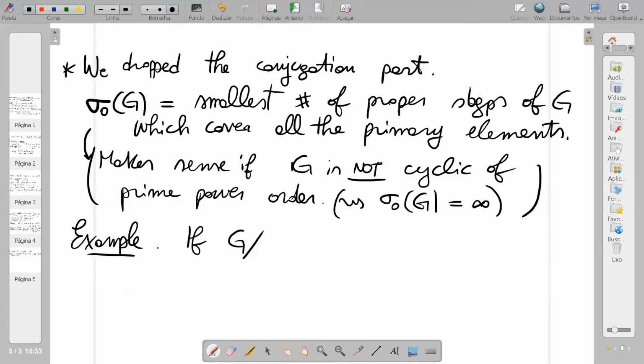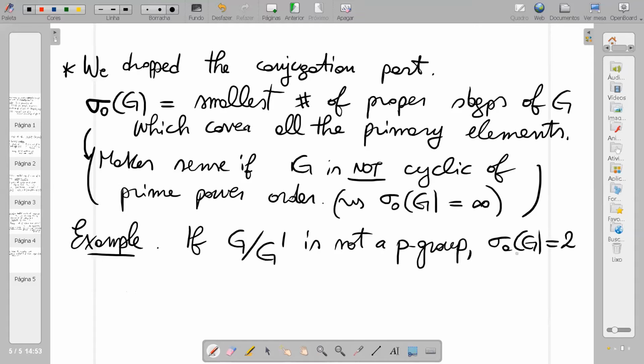So if G modulo the derived subgroup is not a P group, then sigma 0 of G is 2. And this is very easy to see, because you find two subgroups of coprime indices.